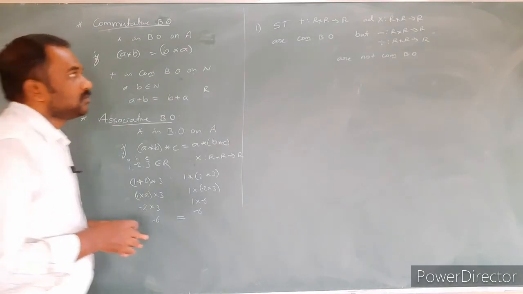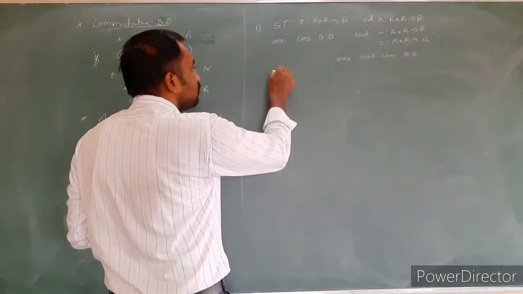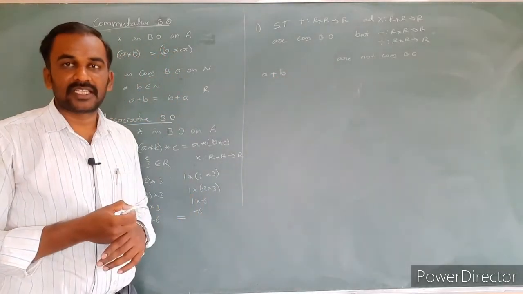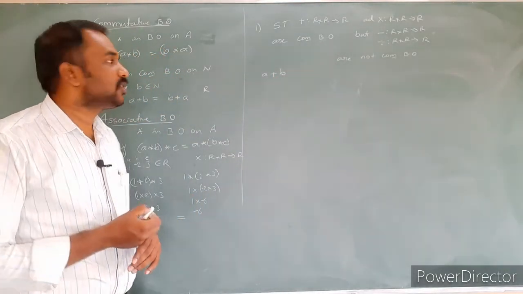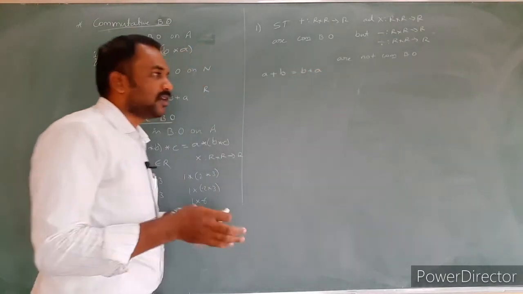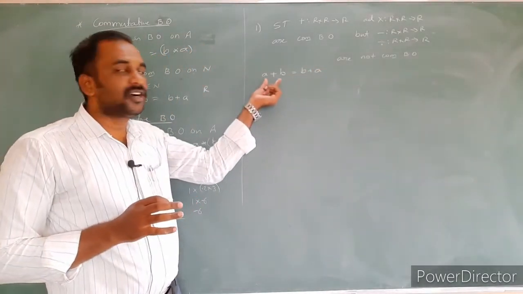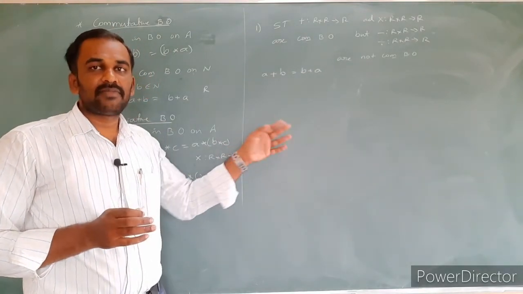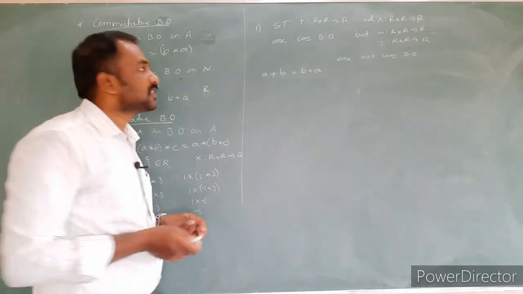Instead of that, we can easily say that the sum of any two real numbers a and b is always the same. Order is immaterial. Whatever the order, you add the two real numbers, you get the same result. a plus b is the same as b plus a. Obviously you can say that.